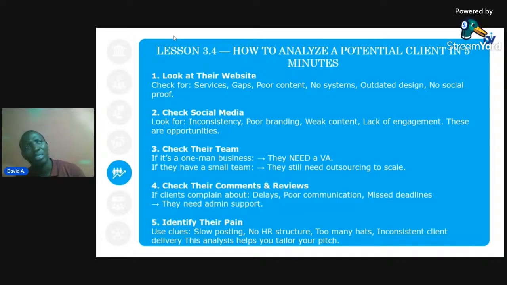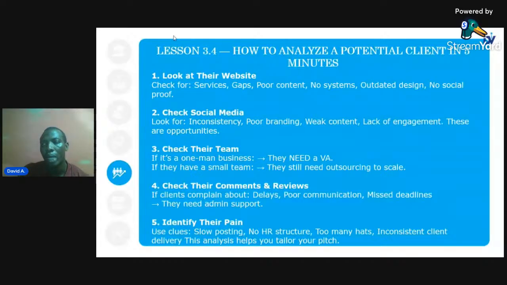If they are posting consistently, what is the result of what they are posting? Is there poor branding? Are the contents weak? Is it helpful? Is it valuable? Is there a lack of engagement? Now, all of these are opportunities.